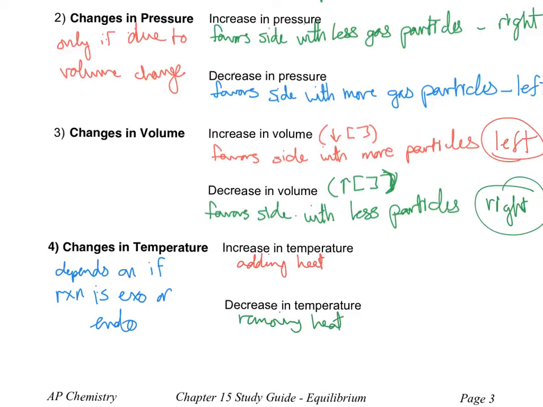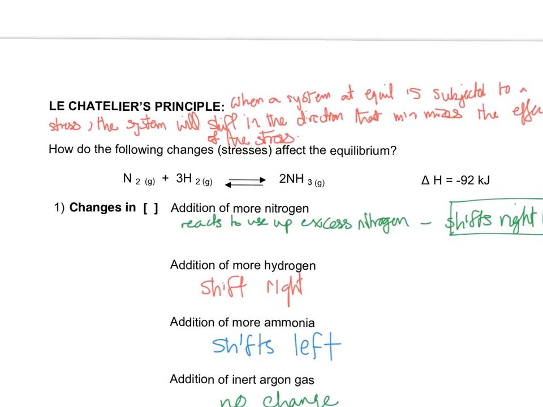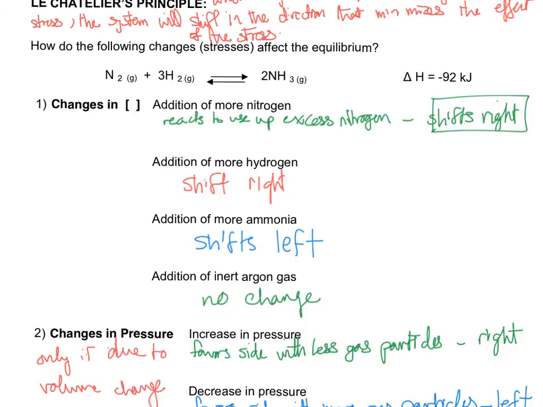And so you treat the heat as either a reactant or a product. So let's look at our reaction here. My reaction, I have delta H is negative 92 kilojoules, so that means it's exothermic. So you think of heat as either a reactant or a product. If it's exothermic, that means you can view heat as a product.